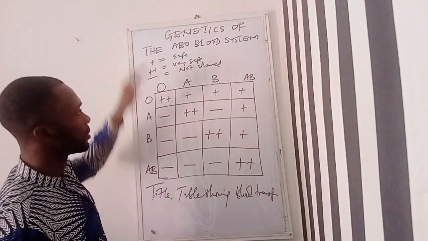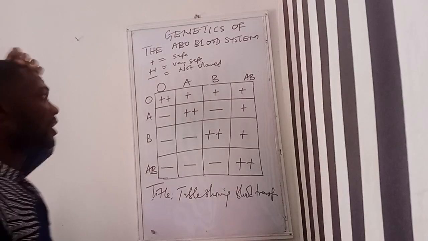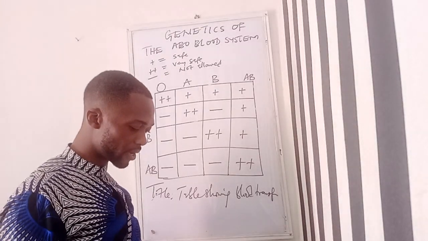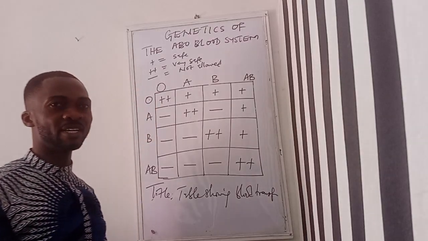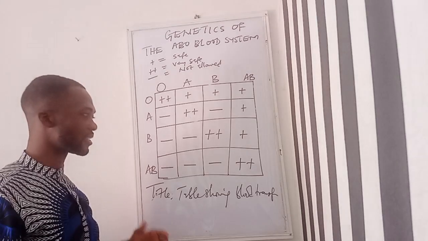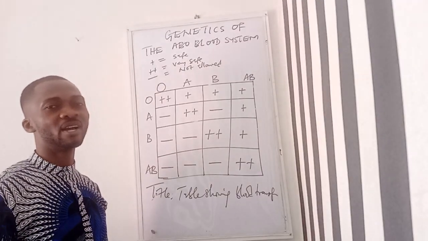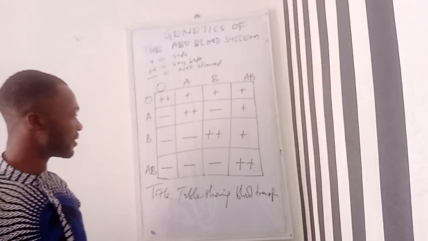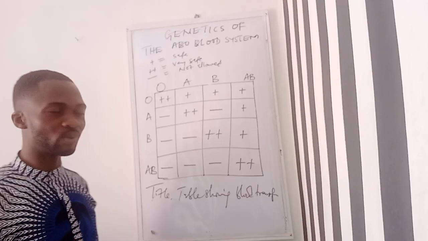As a matter of fact, you should have this when people are in the hospital and they want pints of blood. This chart gives you an overview of the possibilities of donating blood from one person to the other.